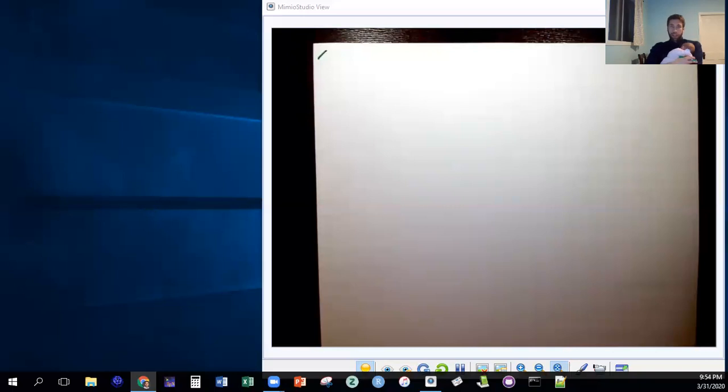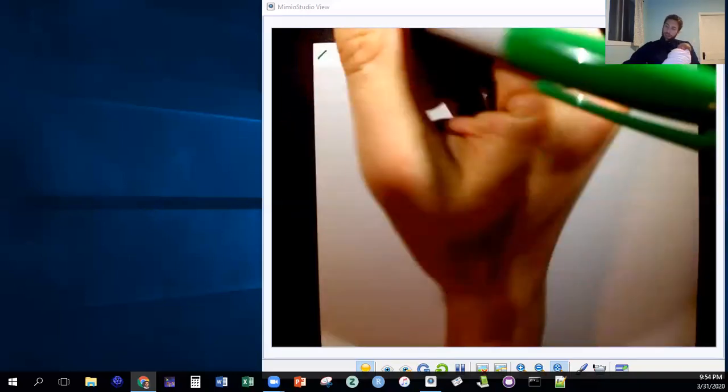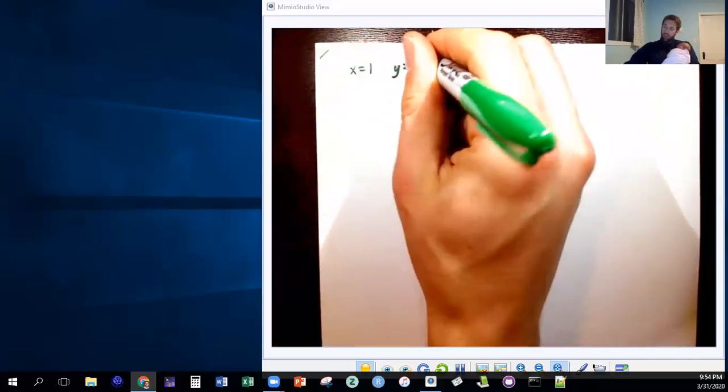A great hint to see what the example might look like is to look at number 2 and what added conditions are added. Number 2 has the added conditions x is greater than 0 and y is greater than 0. So that's a good hint that I should use some negative numbers to find a good example here. So I'll try x equals 1 and y equals -1.